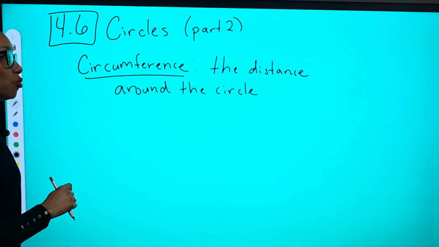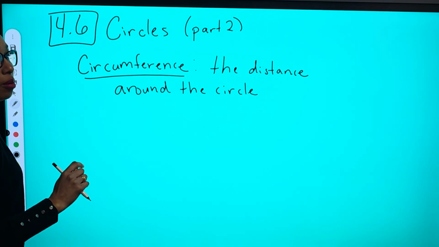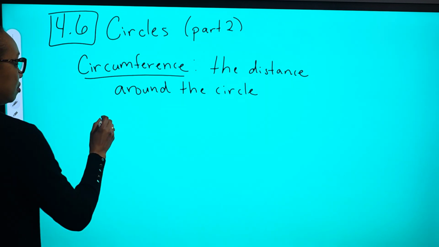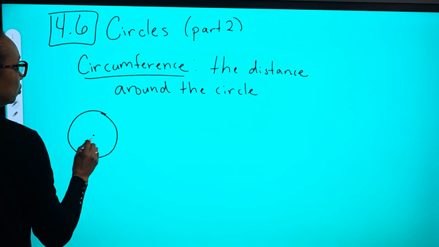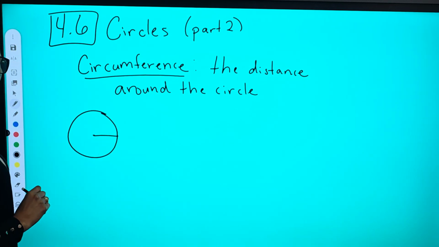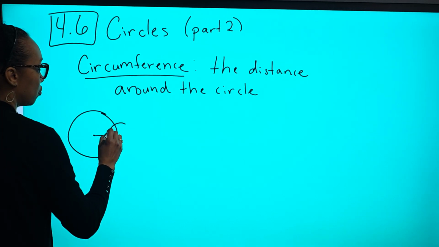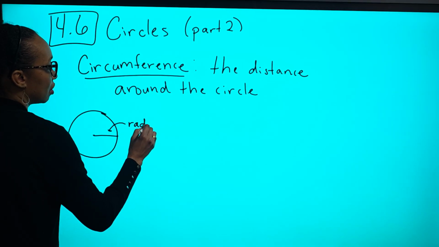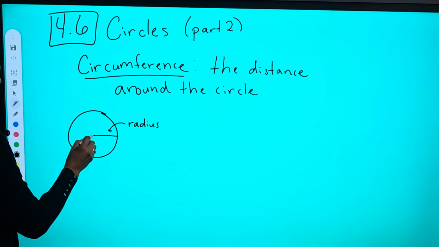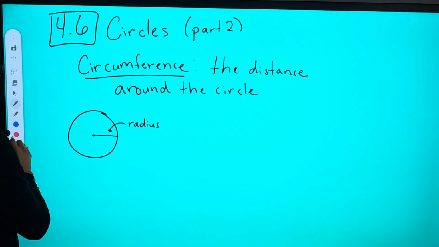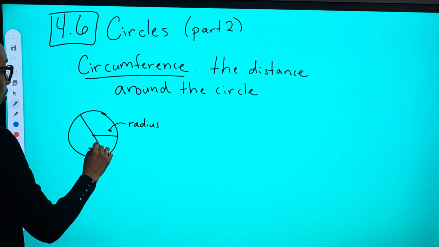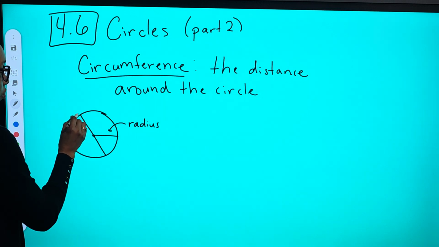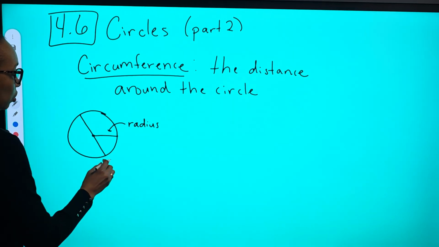To calculate the circumference, you have to have the length of, within our circle, from the center, we can have a radius, which again, from part one, is the distance from the center to the edge of the circle, or you could have a diameter, and that would be a line that goes all the way through to touch both sides of the circle.